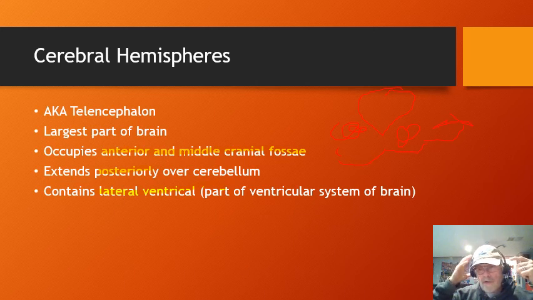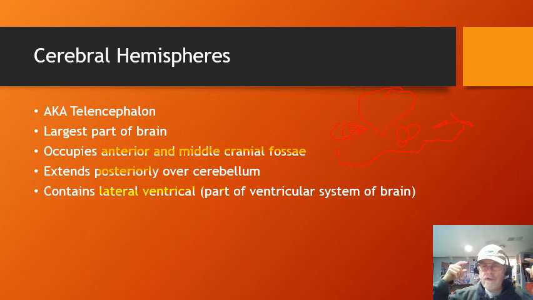In the right cerebral hemisphere and the left cerebral hemisphere, there's this large C-shaped area which are called the lateral ventricles. There's a right lateral ventricle and a left lateral ventricle, and they come together to a ventricle that's right in the middle, which is called the third ventricle.